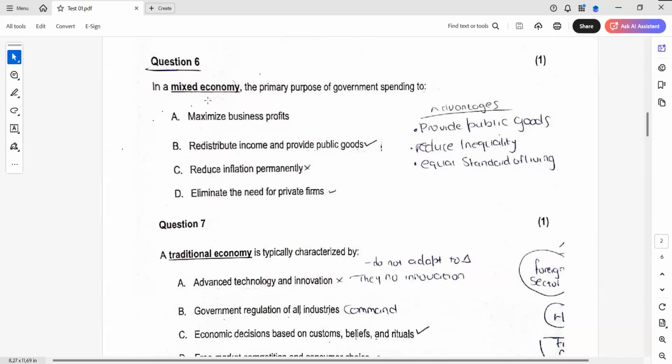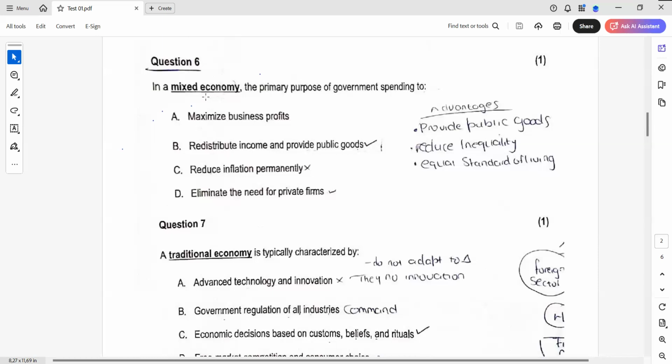In the centrally planned economy, all resources are owned by the government, and in the free market economy, the resources are privately owned by individuals. So in the mixed economy, we have a mixture of the government as well as individuals.